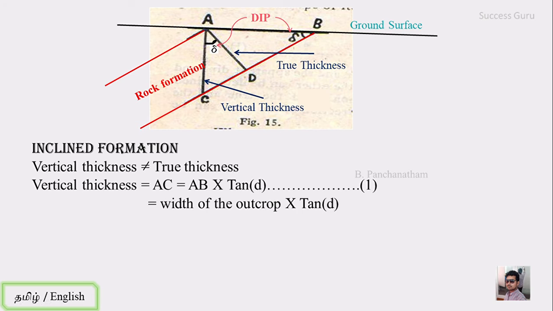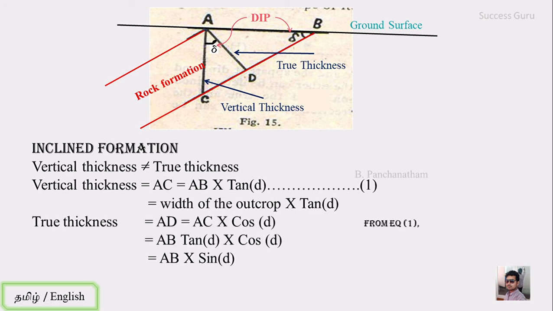Okay, so let's get into the true thickness, where true thickness is equal to AD, right? So AD is equal to AC into cos theta. So if you remember, cos is equal to adjacent by hypotenuse, right? So if you consider this ACD, this forms a right angle. How is it? Because the bedding plane and the true thickness will have a 90-degree relationship, right?